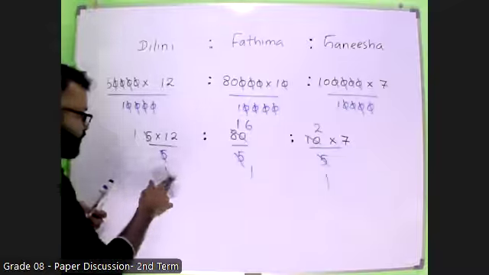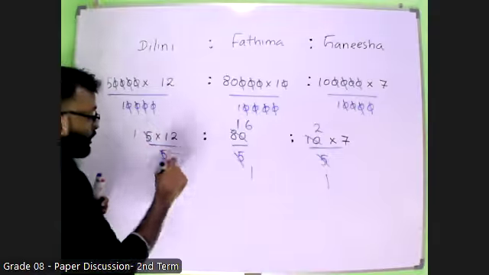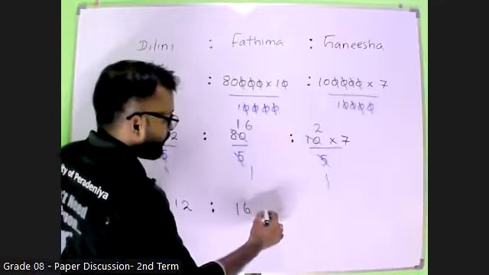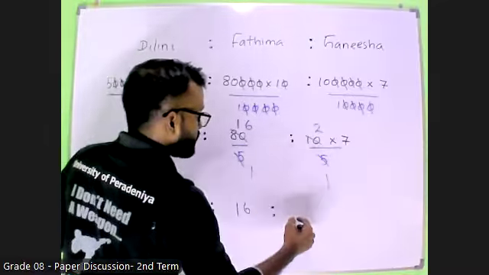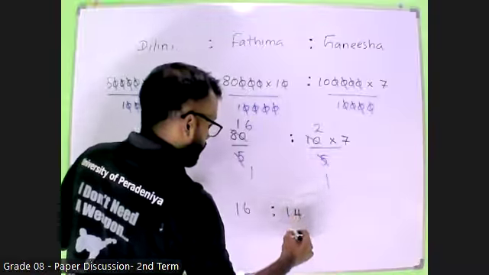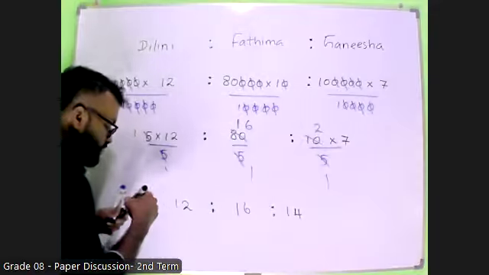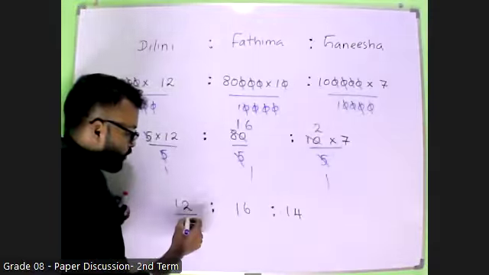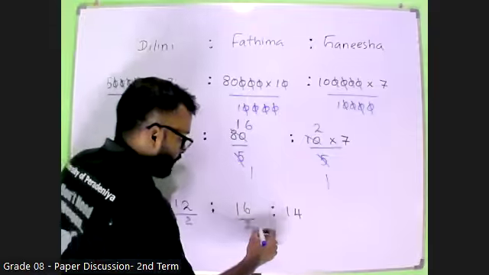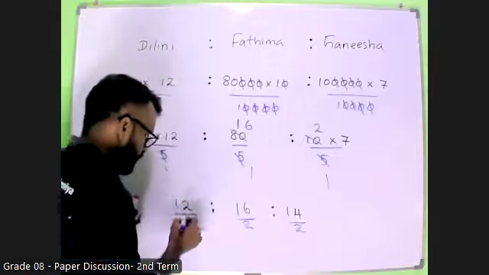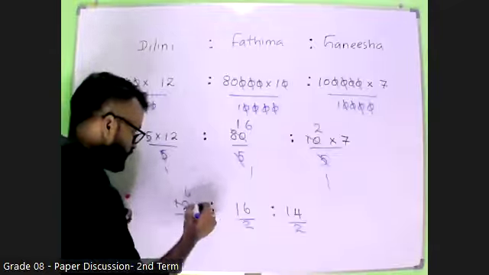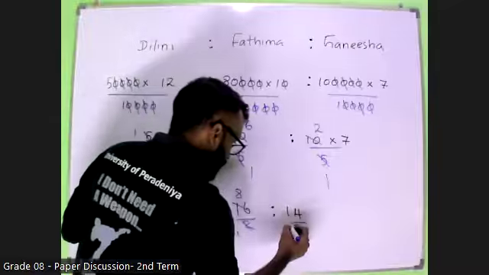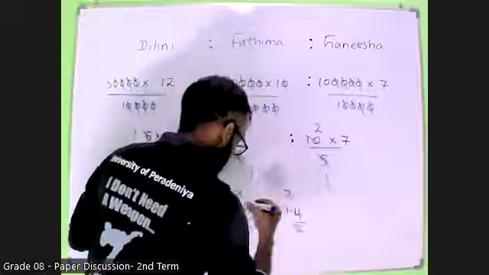So let's simplify: 1 times 12, 16, and 2 times 7. All of these are even numbers, so I can simplify furthermore. I can divide by 2: 2 times 1, 2 times 6; 2 times 1, 2 times 8; 2 times 1, 2 times 7.